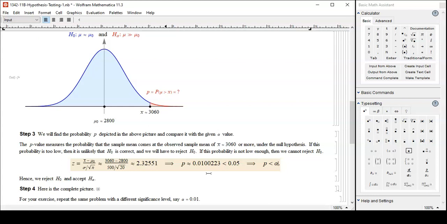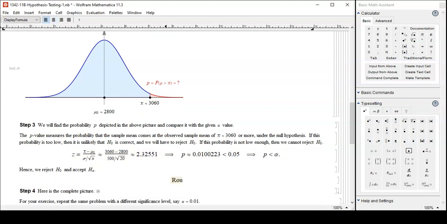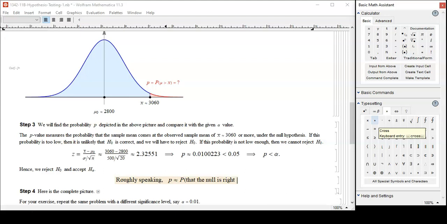But then again, what does that mean? P is less than alpha, what does that mean? P is greater than alpha, what does that mean? Roughly speaking, this probability value P is more or less the probability that the null is right, under a certain condition, I have to say.